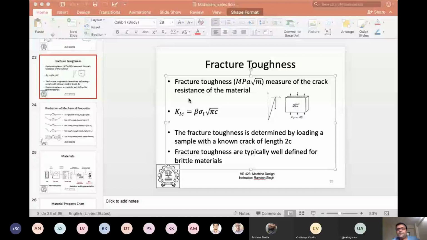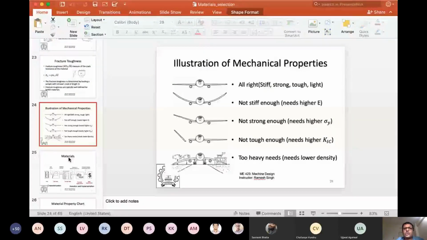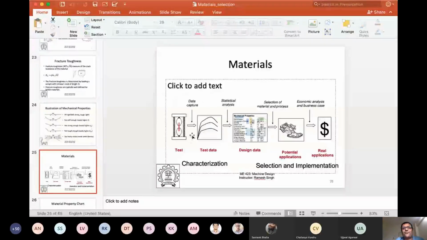Okay. So this is one thing. This you understand now. This also you understand, how you get data from test data, how you create data, then you have design data, then you have potential applications, and then you have the real application. So basically you do tension test, compression test, torsion test, get that data, get a statistical map, because there is a variation in the test data. If I test the same thing, I'll get some variation in the property. So I need to get the statistical analysis done to categorize and identify the material property.